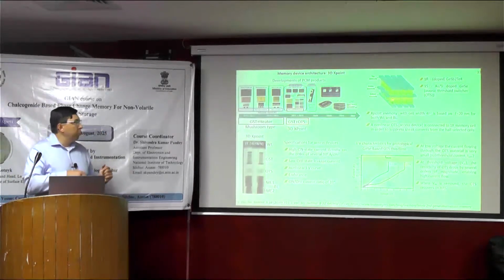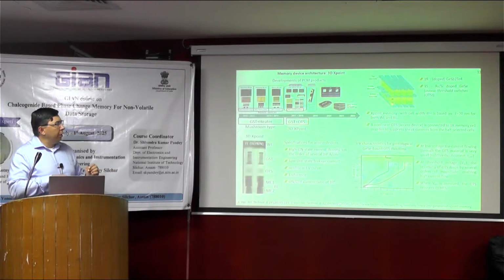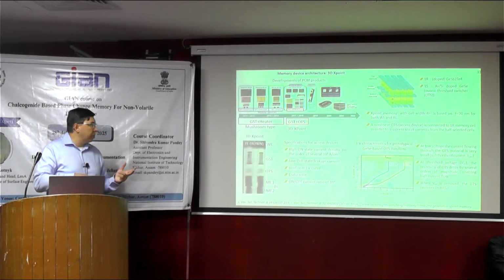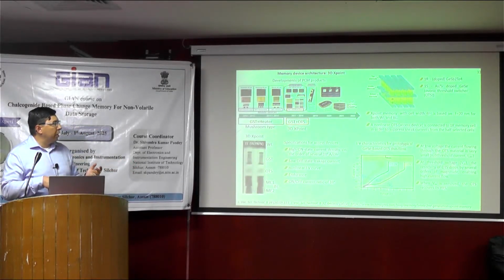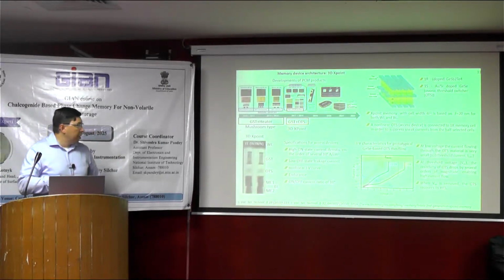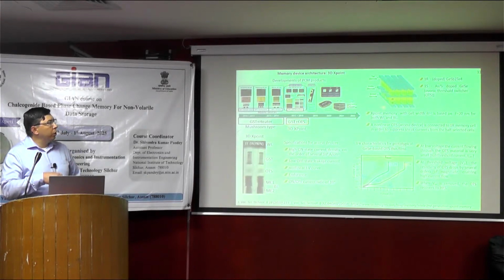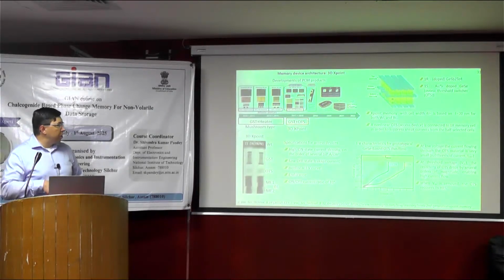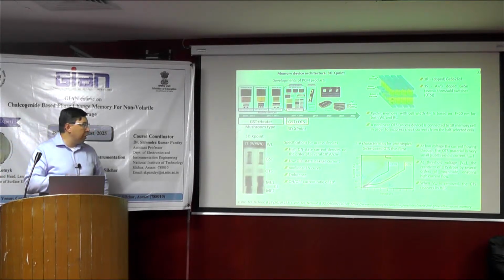So the development was in the direction of how to get a very nice selector. This selector should provide a high current density, on the order of 10 to the 6 ampere per square centimeter, to reach this 3D technology. It should also have high endurance and a high on-off current ratio.